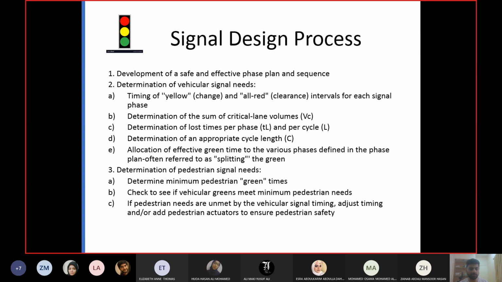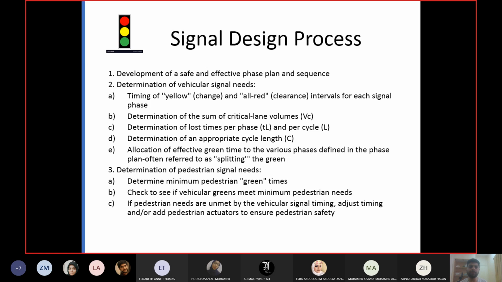Phasing plan, as we have already discussed: one phase means the time given for one movement. A phase consists of green, yellow, and all red for a specific movement.